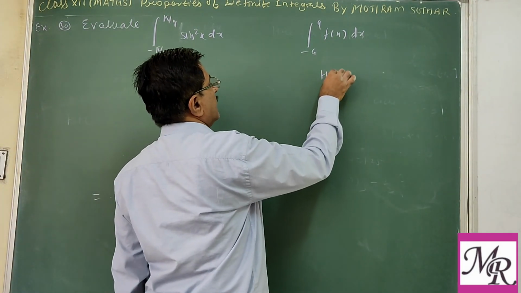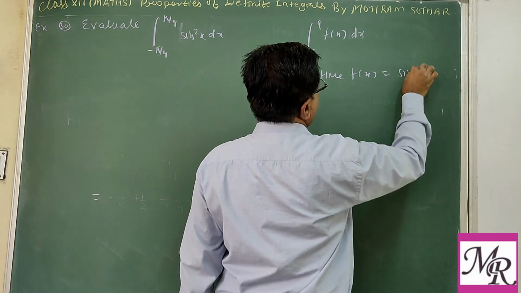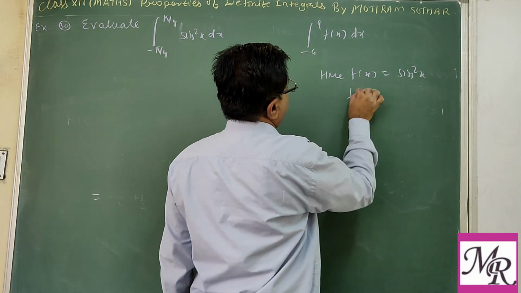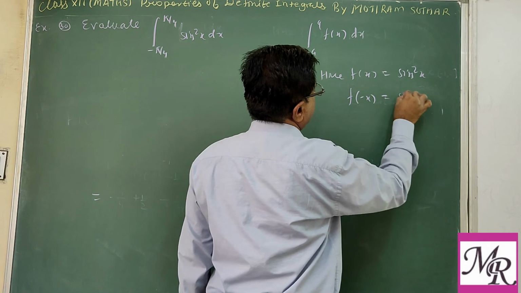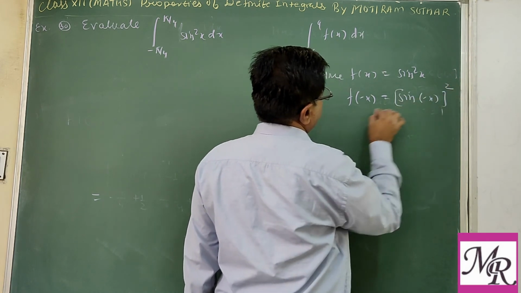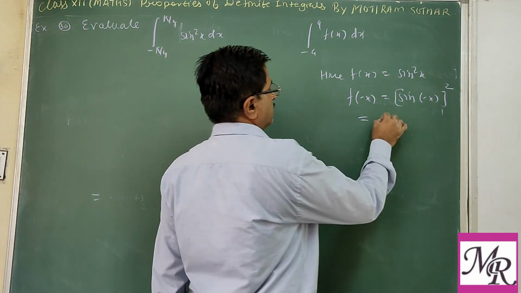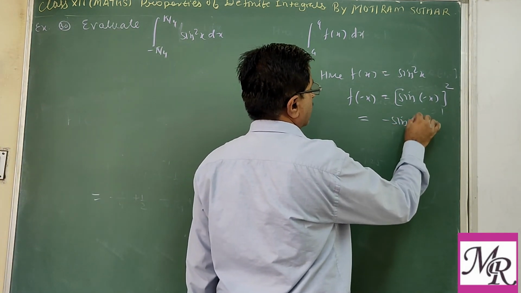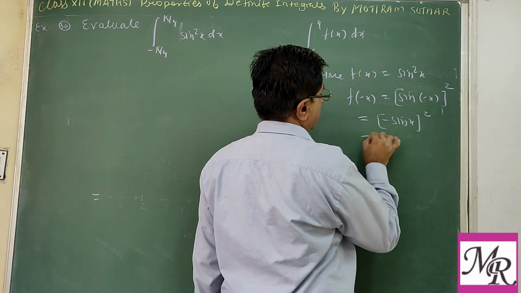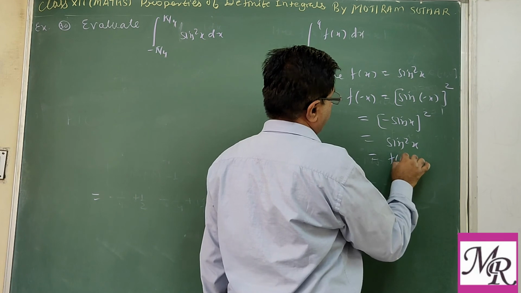So you can say f(x) equals sin square x. So f of minus x is sine of minus x whole square. We know that sine of minus theta is minus sine theta, and its whole square, so minus square, is plus. So again we get f(x).